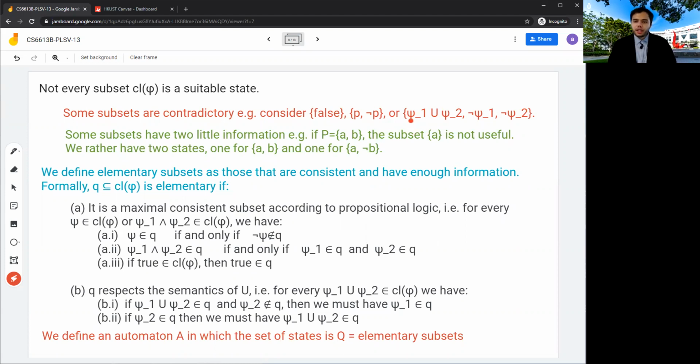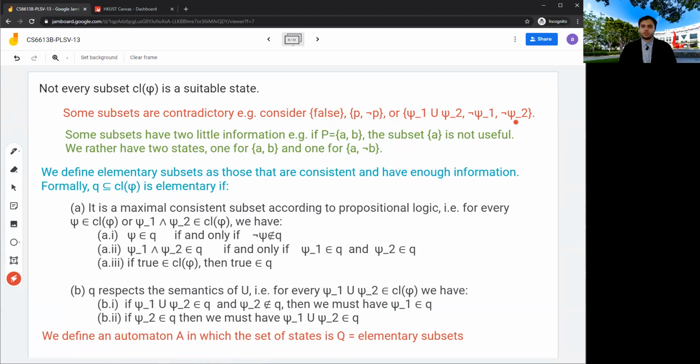Or even if I have something like this, if I have psi1 until psi2, but I also have not psi1 and not psi2, what does this mean? This means that at the current point in time, my suffix from here onwards satisfies psi1 until psi2, but it doesn't satisfy any one of them. That makes no sense.